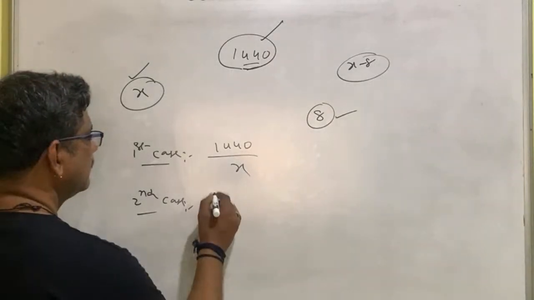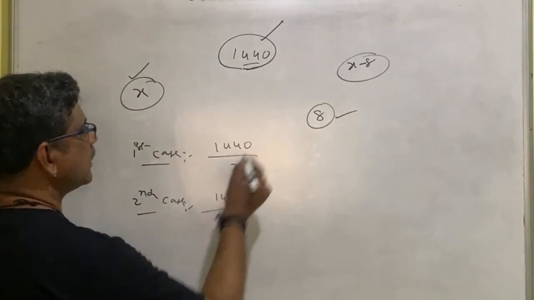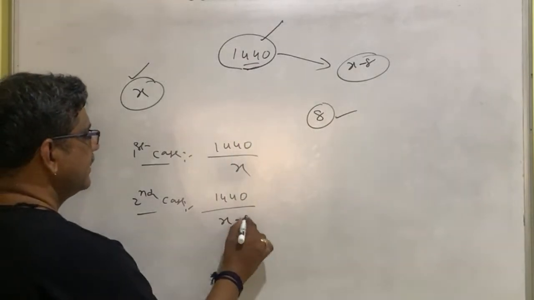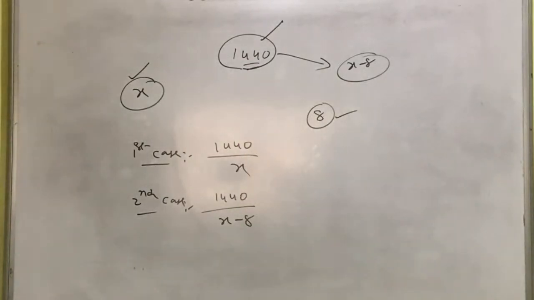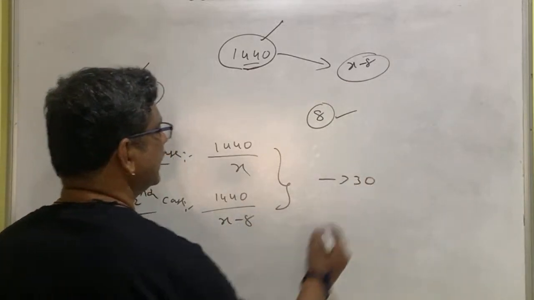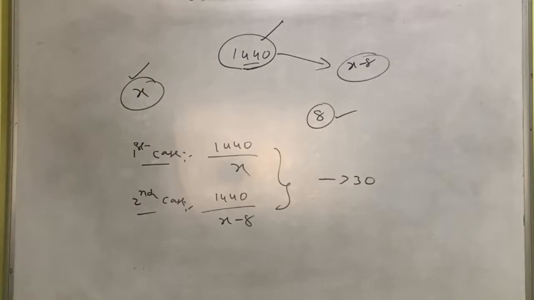Then what is the share of each student? In the second case, 1440 by X minus 8. This difference is given as 30. Understood, children? Very, very important model.